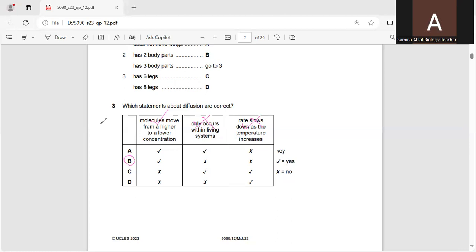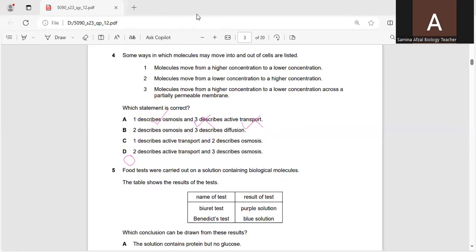Now I would like to move to question number 4. Okay, this is question number 4, and we need to erase the previous answers. Some ways in which molecules may move into and out of cells are listed. Here you can see 3 statements, and we have to choose one correct answer out of 4. First of all, we will read these 3 statements. Molecules move from a higher concentration to a lower concentration. Molecules move from a lower concentration to a higher concentration.